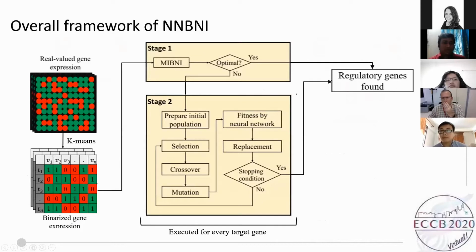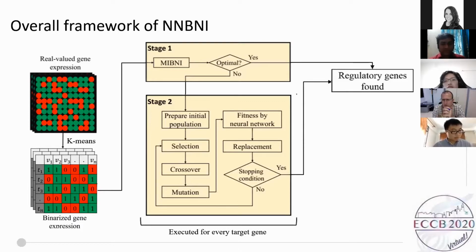This is our overall framework of NNBR. Real-valued gene expression data is converted by the K-means algorithm. Then the binary gene expression data is taken as an input for MIBNI. I would like to note that there are 2 stages in our algorithm. In the first stage we use MIBNI, our existing algorithm, because it is already proven that it can infer small-scale networks with very good results. That's why we applied MIBNI in the first step.